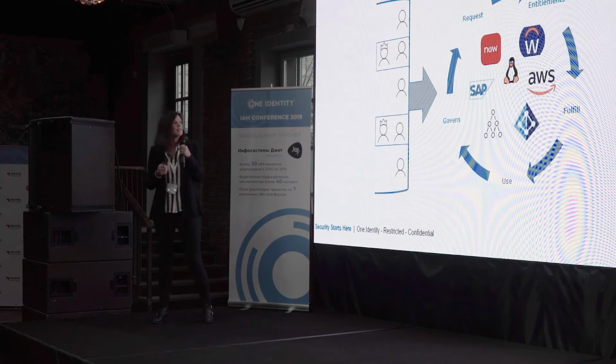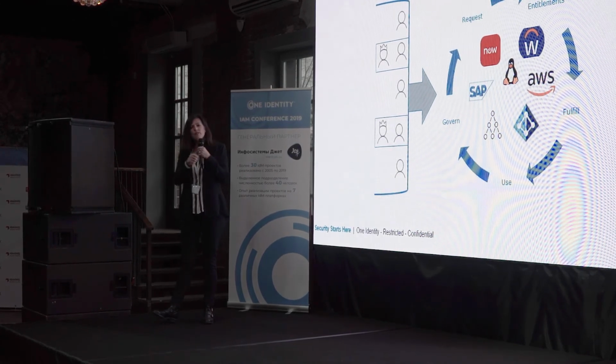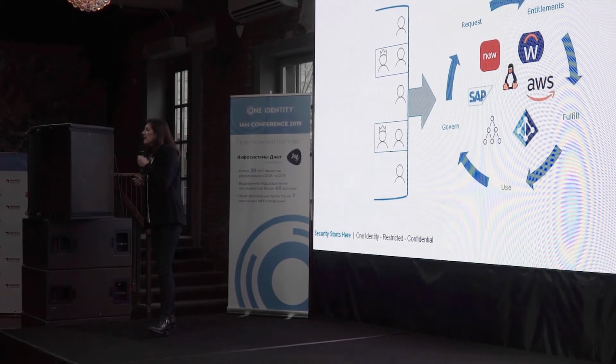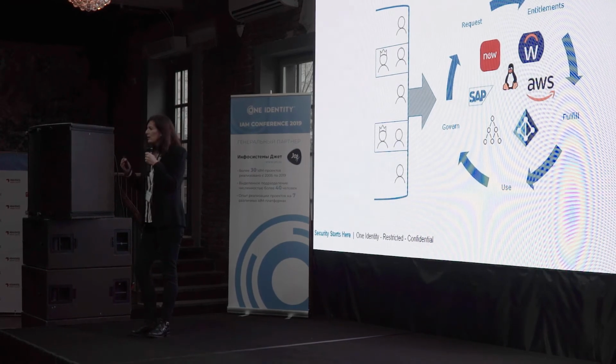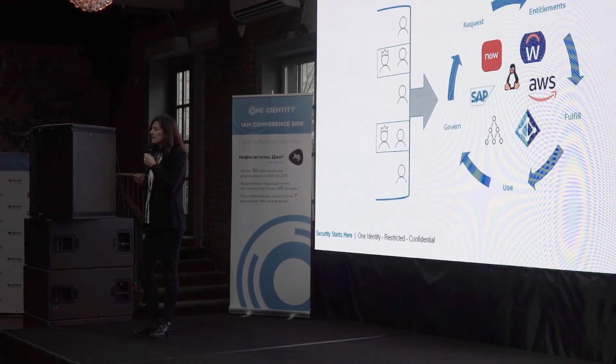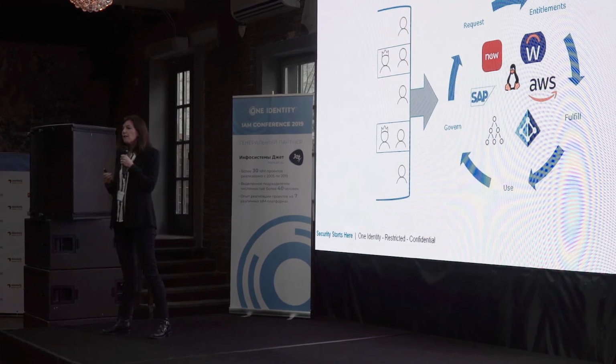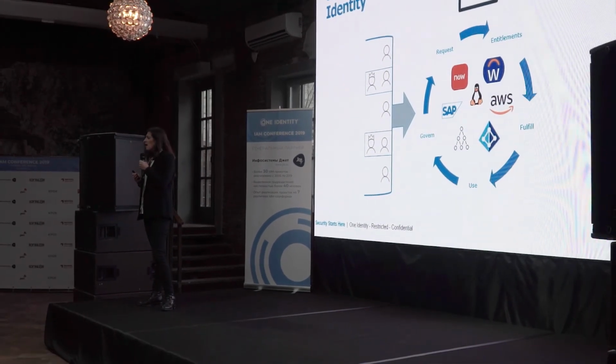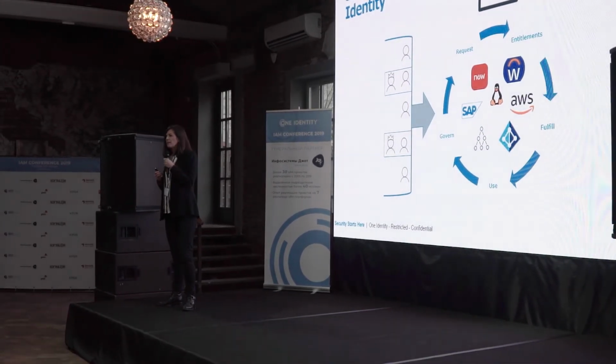And what you need to do is to get all your different applications. These can be the old legacy applications, home-developed systems, or even if you're starting to use cloud applications.